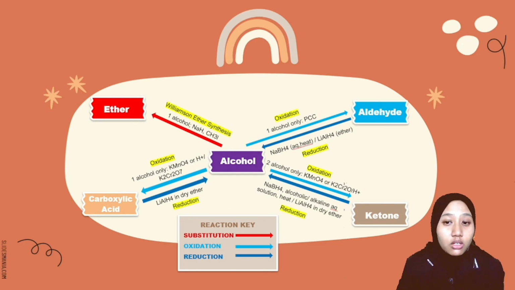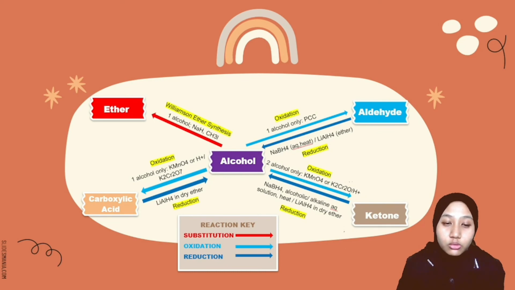Now, from alcohol to ketone, the oxidation process is involved, where secondary alcohol is added with potassium permanganate to form ketone, and from ketone to alcohol, a reduction process is involved by adding ketone with sodium borohydride in alcoholic or alkaline aqueous solution with heat, or we can use lithium aluminum hydride in dry ether to form alcohol.